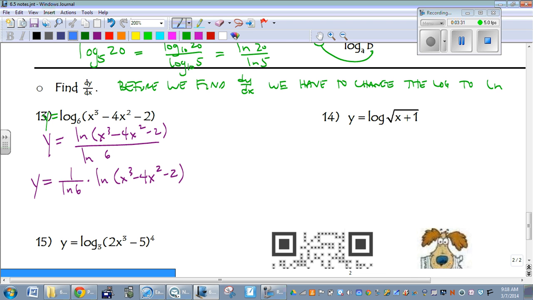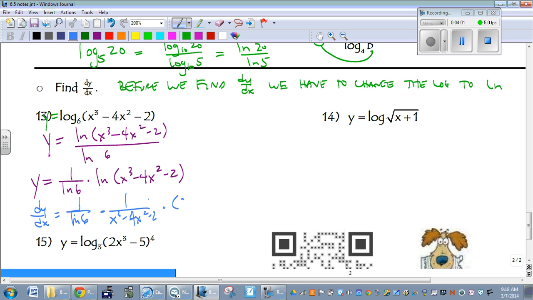So now we're ready to do the derivative. dy dx, we're going to have that 1 over natural log of 6 out in front times derivative of this, yikes, derivative of that, we get 1 over everything in here, x cubed minus 4x squared minus 2, times the derivative of that whole expression.